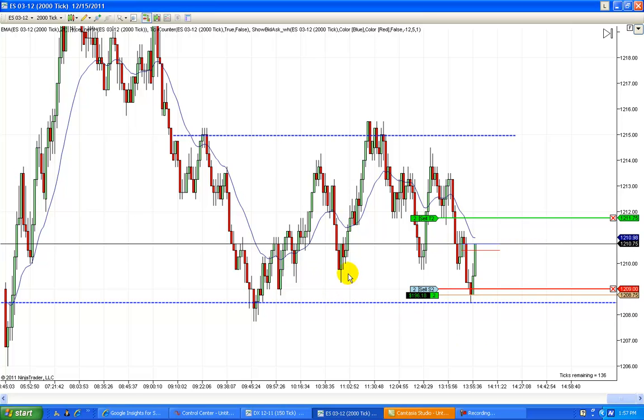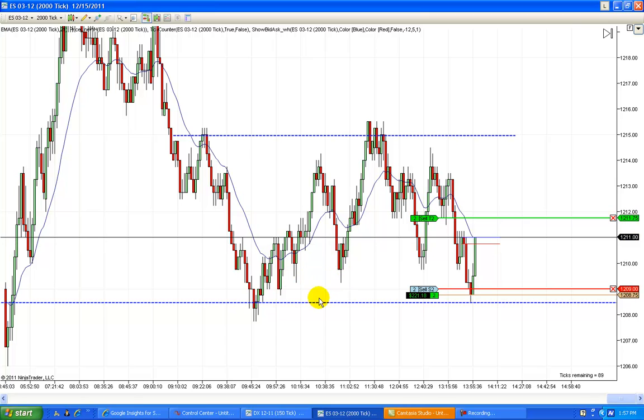Again, we had this break below a double bottom here, a double bottom there, and then we also had support here. So we had a lot of reasons to be thinking long right there.